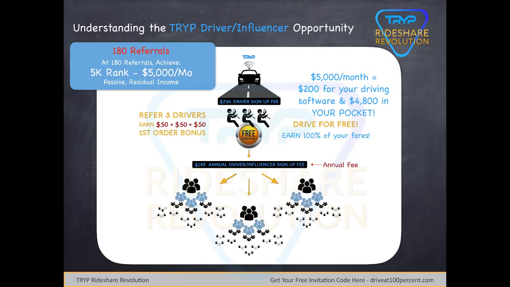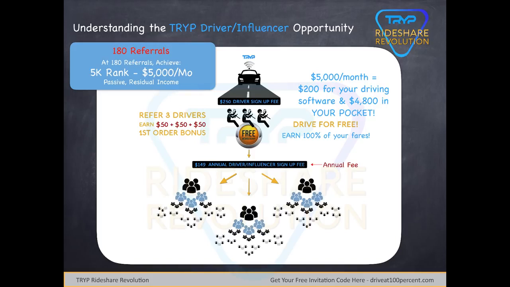So at 180 referrals, you achieve the 5K rank, $5,000 a month passive residual income, and $200 of that will go towards your driving software, and the other $4,800 just goes in your pocket.